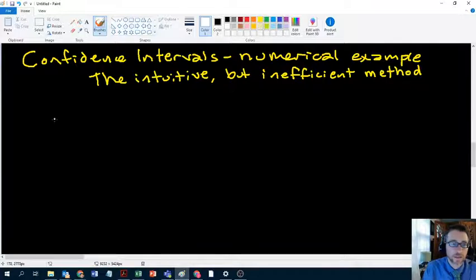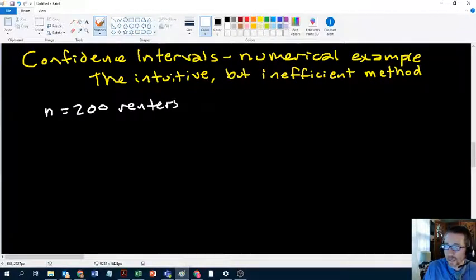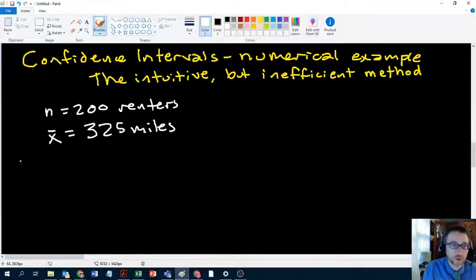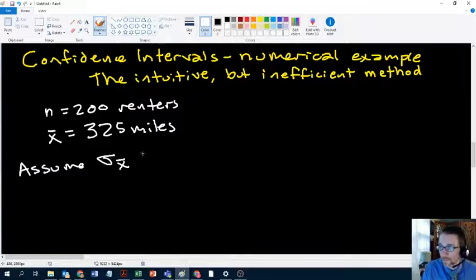So the example we're going to look at, we want to look at the number of miles driven by renters of rental cars. Let's say we have a sample of 200 people, all driving rental cars. And then we're going to look at the mean within this sample. On average, drivers drove 325 miles. And then we are going to assume that the standard deviation of the population, not sigma x bar, sigma x, is 60.